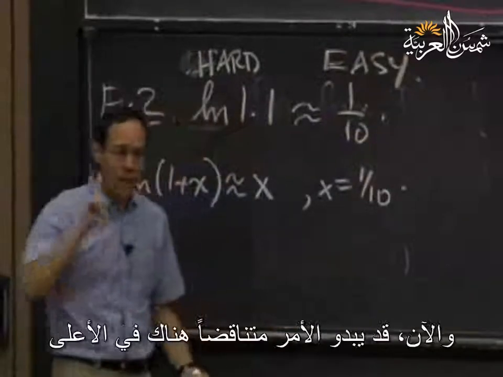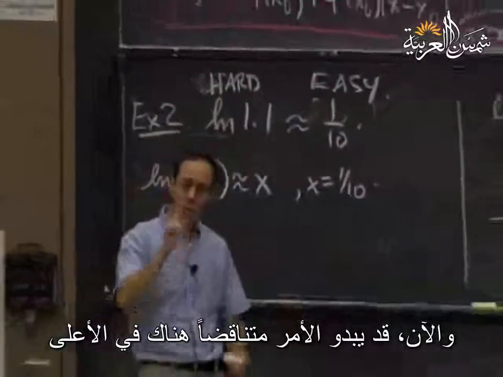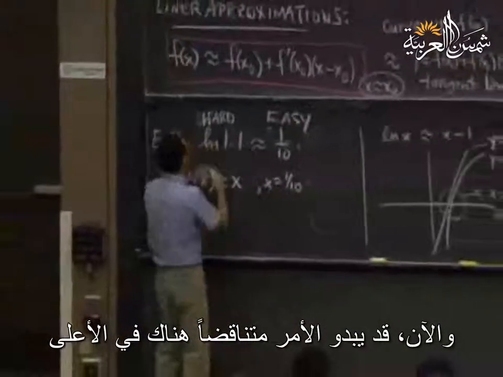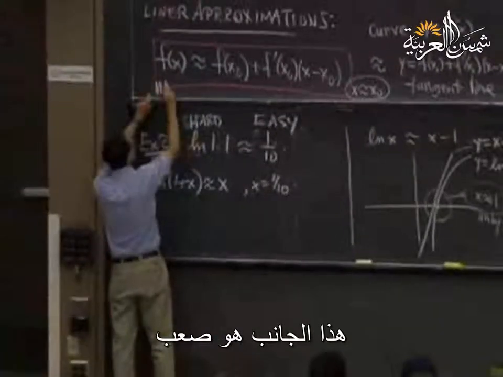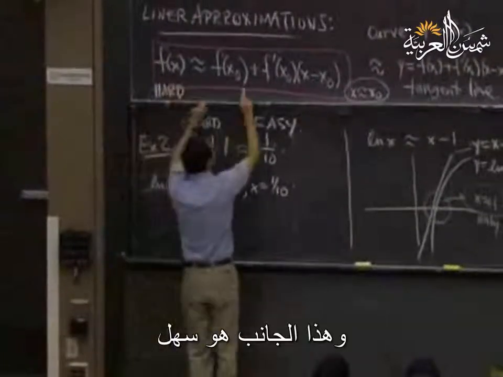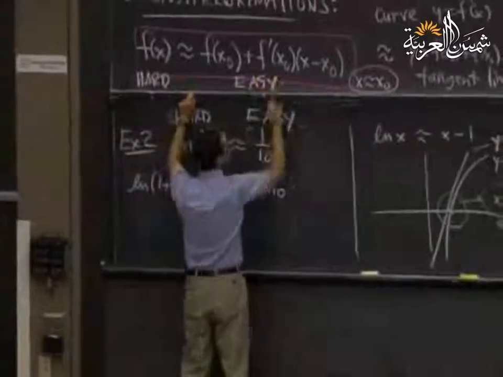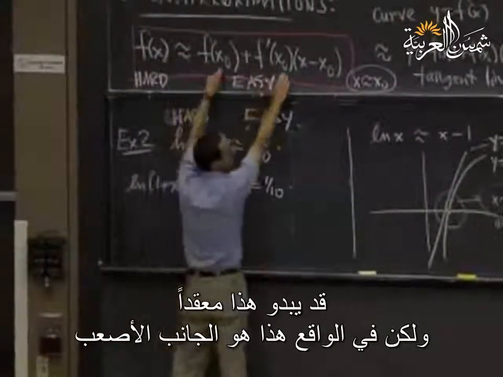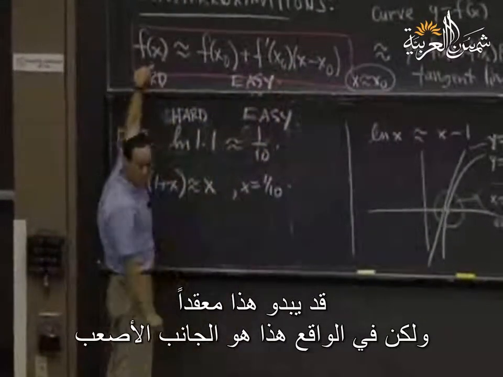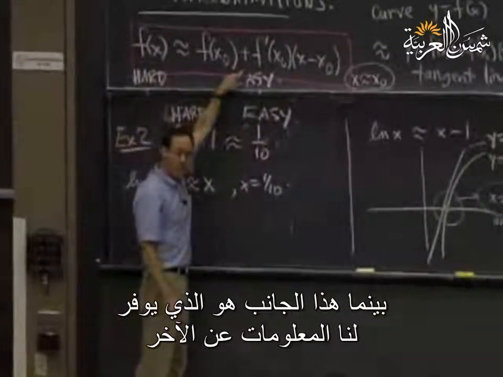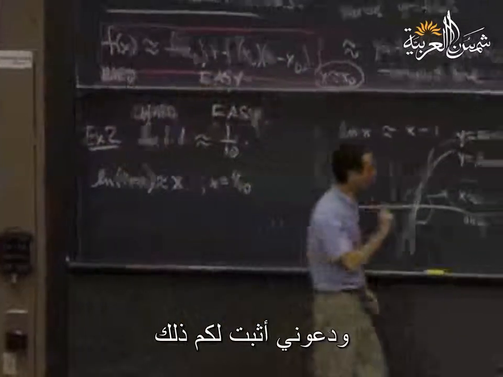Now, that may look contradictory, but I want to do it right above as well. This is hard, and this is easy. This looks uglier, but actually this is the hard one, and this is giving us information about it. Now, let me show you why that's true.